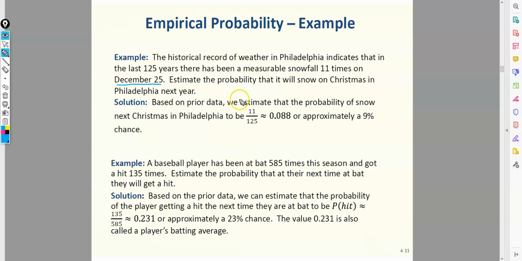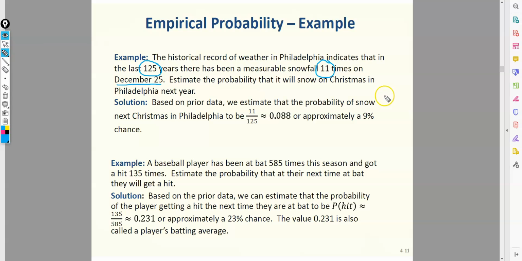Well, by the empirical rule, think of it like this. The 125 represents how many times the experiment was conducted. For the last 125 years, we noted whether or not it snowed on Christmas. That's our experiment. So we conducted the experiment 125 times. Out of that 125 times, it snowed 11 times.